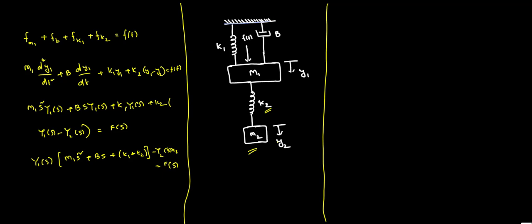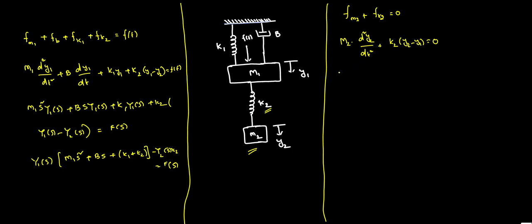So the force that is acting here, F m2 plus F k2, is equal to 0. That is m2 into d square y2 by dt square plus k2 into y2 minus y1 is equal to 0.